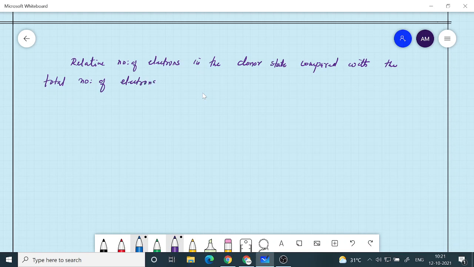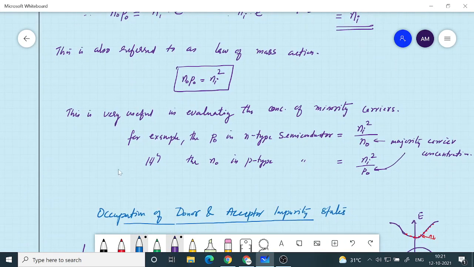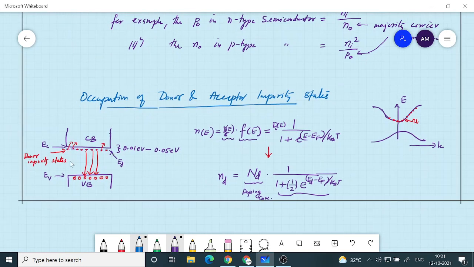The electrons could be either in the donor states or, if you come back to this energy band diagram, in the conduction band. So I would like to know, out of the total number of electrons, either in the donor level or in the conduction band, how many of them are in the donor level. That is what I mean by occupation of the impurity states.